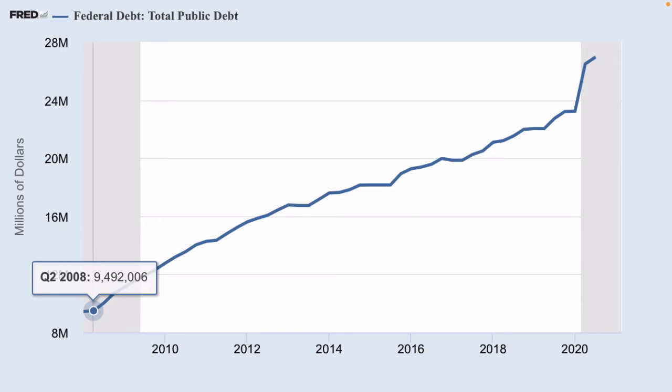So it went from 9.4 to 26.9. So that's quite an increase. On this chart, you can see that we accumulated an additional $17 trillion from 2008 to 2020 over the 13-year period. And that would average out to about 1.34 trillion a year.